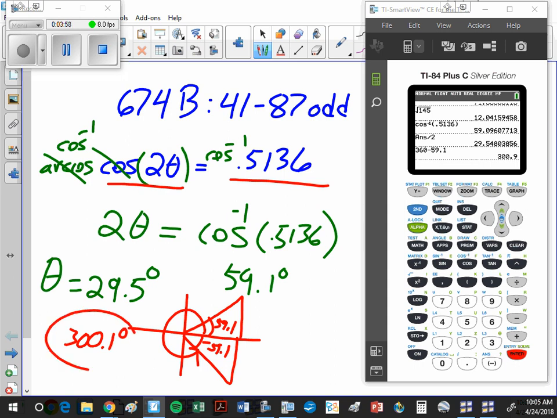So 300.9 is equal to 2 theta. So how do you solve for theta? Divide by 2, and I get 150.45 degrees.